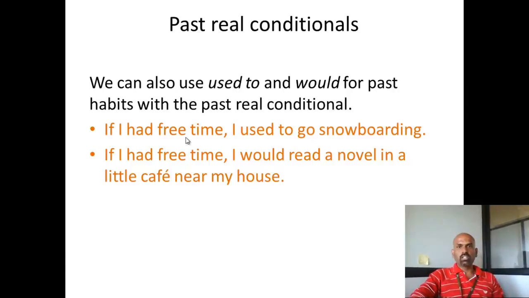You can use both. That's what used to and would do for past habits. Past habit actually. If I had free time, I would read a novel in a little cafe near my house. These things, used to and would, refer to your past habits, not present habits.